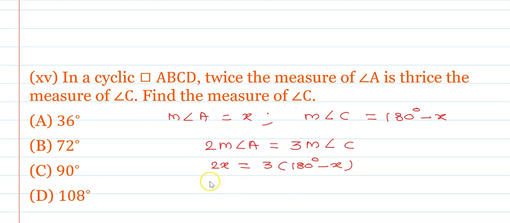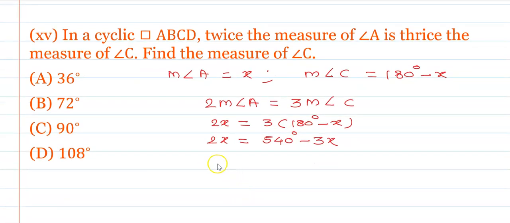Simplifying, 2x is equal to 540 minus 3x, so 2x plus 3x is equal to 540, and therefore 5x is equal to 540.